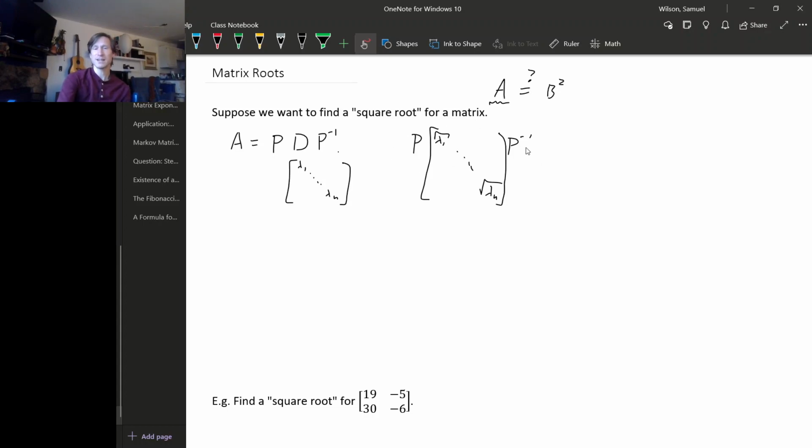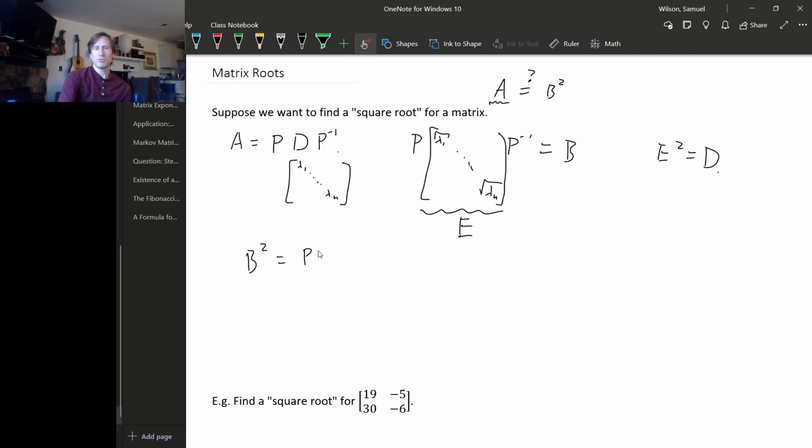So let's optimistically call this B, and see what happens when we square B. Instead of calling the new diagonal matrix D, let's call it E. And just remember that E squared is D.